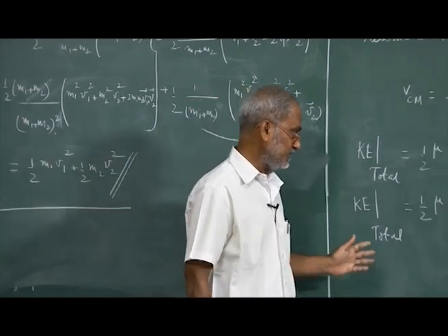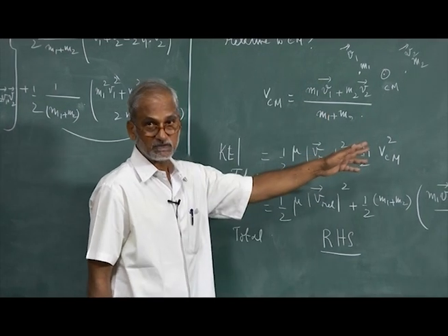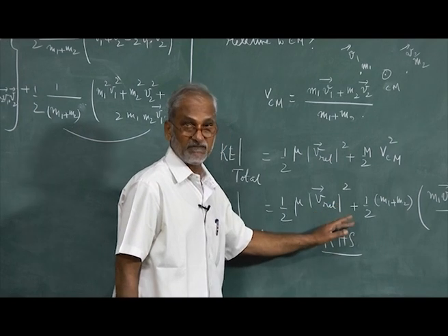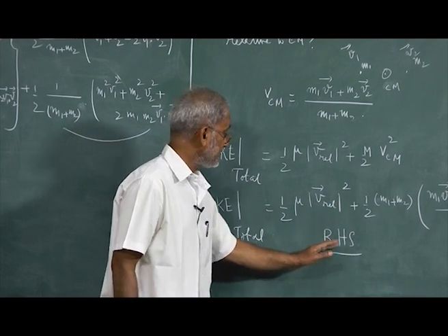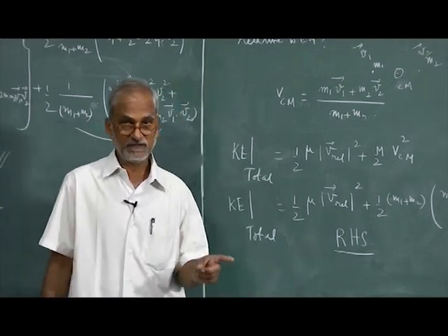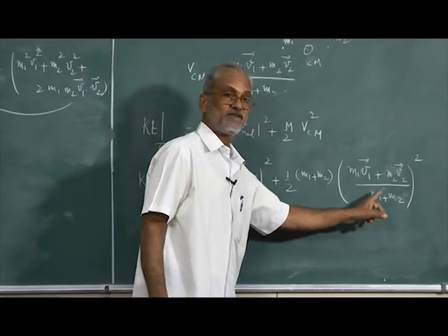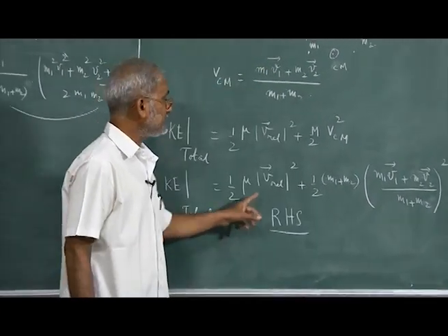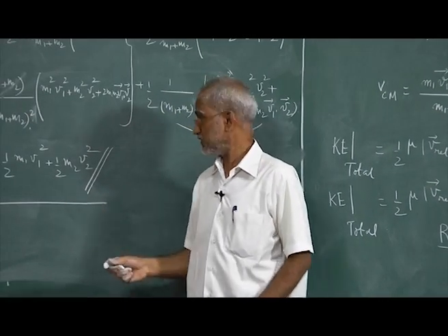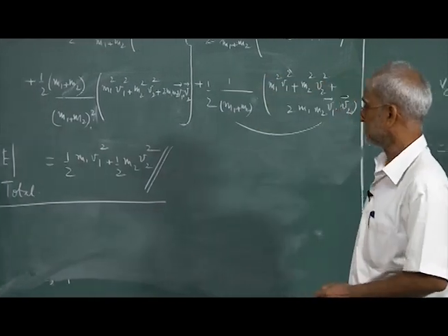The reduced mass of the system, namely m1 and m2, has a relative velocity v, therefore the energy corresponding to this is this much, plus the center of mass also has kinetic energy. You add these two things, and you will get exactly the same. So you need to do a little bit of algebra in simplifying it, I hope I can leave it.